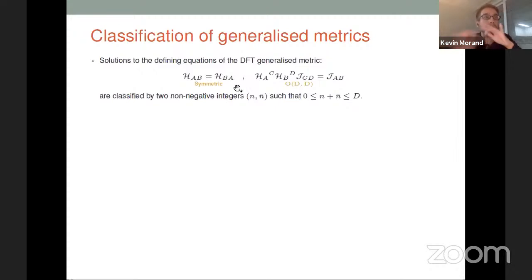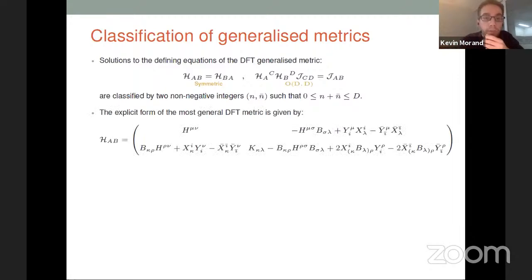If we use the splitting into 4 blocks as we did previously, then one can show that the most general DFT generalized metric is classified by two non-negative integers, which we denote n and n bar, and they satisfy this inequality. So we can write explicitly the most general form of the DFT generalized metric, which is as follows.